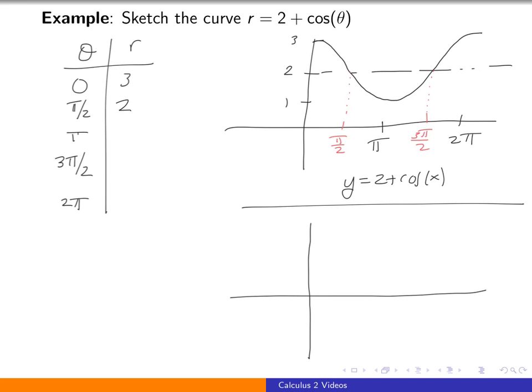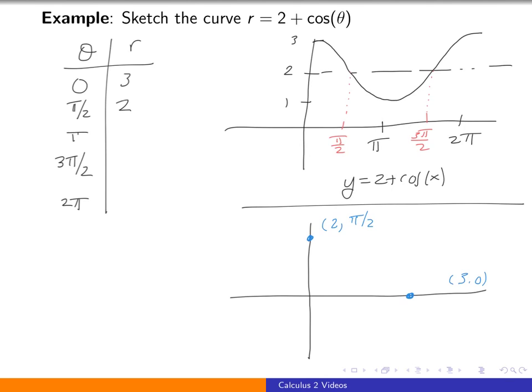So theta varying from 0 to pi over 2 is telling us what's happening here in the first quadrant. So let's get this information down. At 0, you're 3 units away from the origin, so we have the polar point (3, 0). And at pi over 2, you're 2 units away from the origin, so you have this polar point (2, pi over 2).